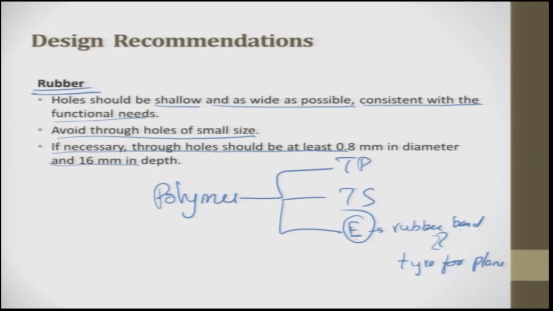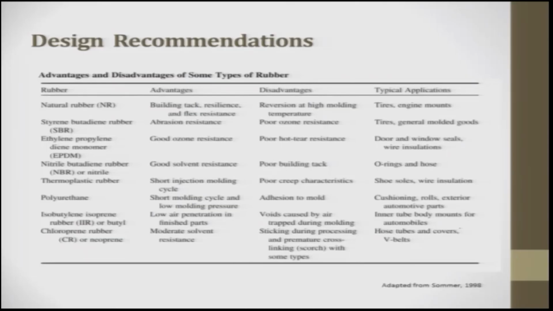But elastomers are another set of materials which are becoming more and more common today, and they have a wide application from rubber band that is domestic to heavy loads. So, when you talk about rubber, these are different types of rubber.